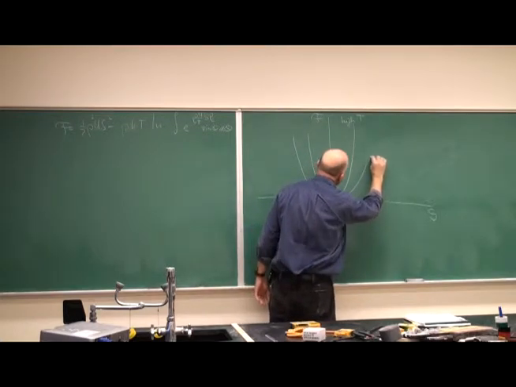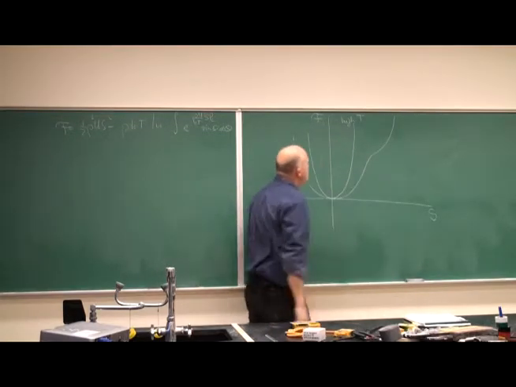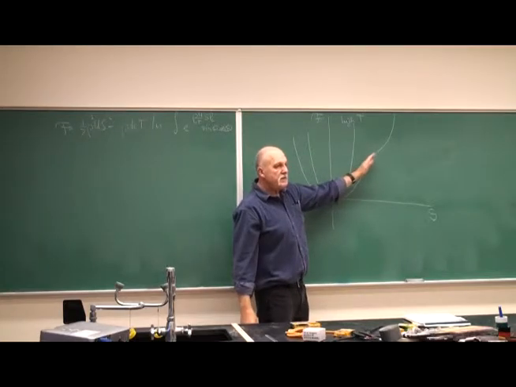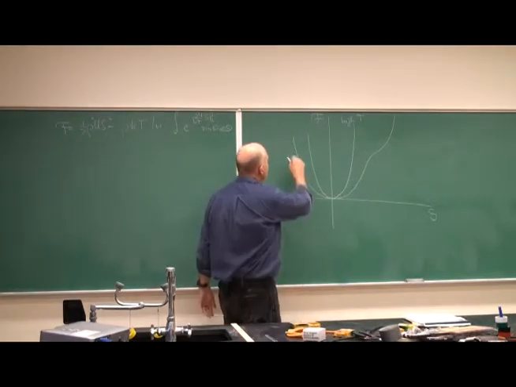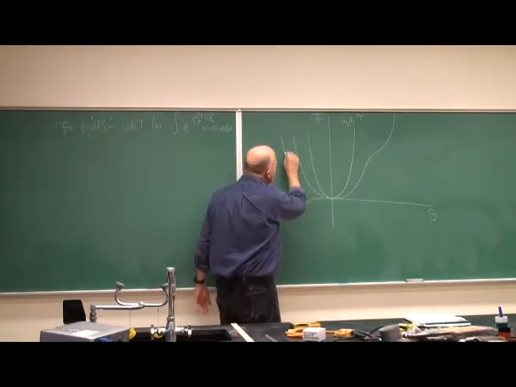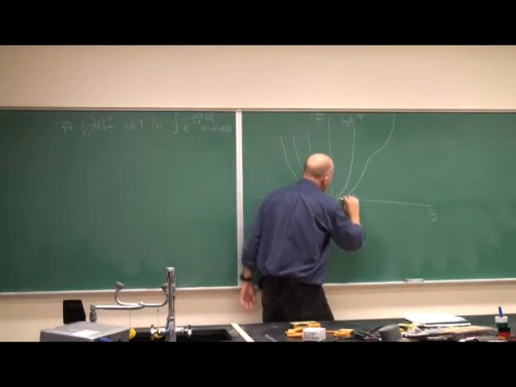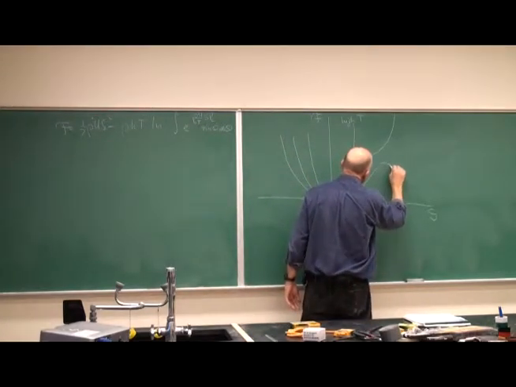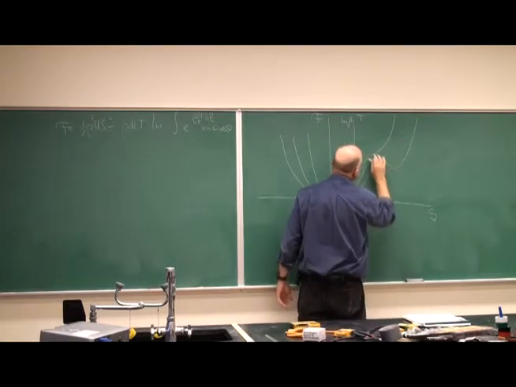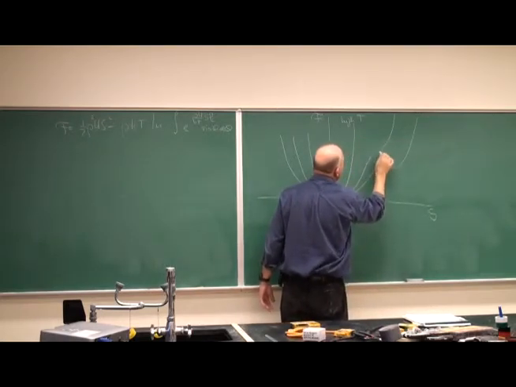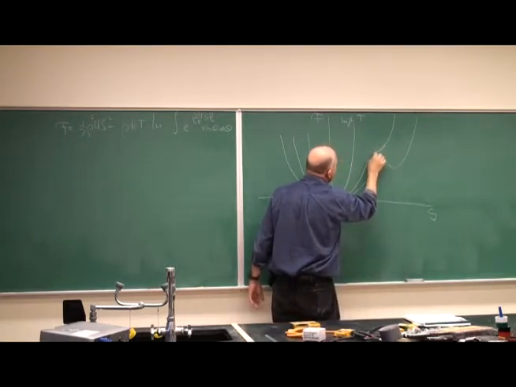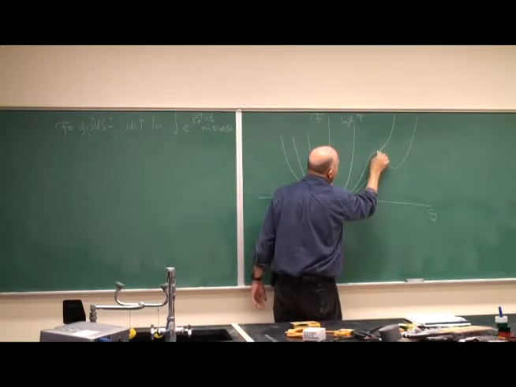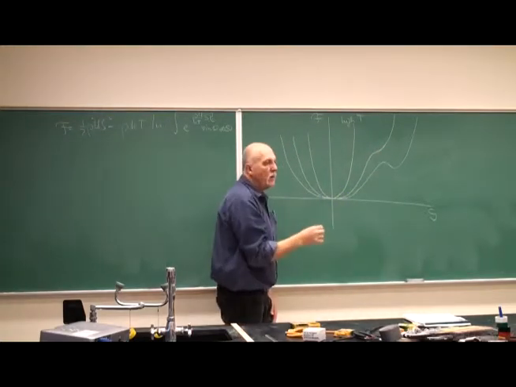And then it turns out that a little bump develops on this side. If you lower the temperature more, then you find that you get an actual minimum here. So at some point, you will get first a point of inflection, which means that the slope is going to go to zero somewhere.